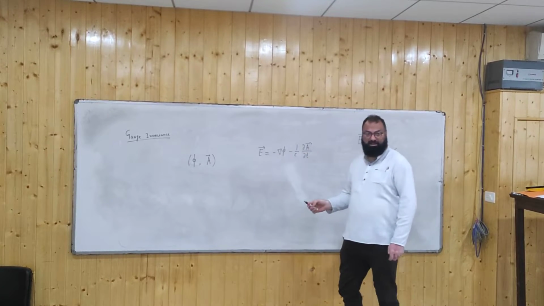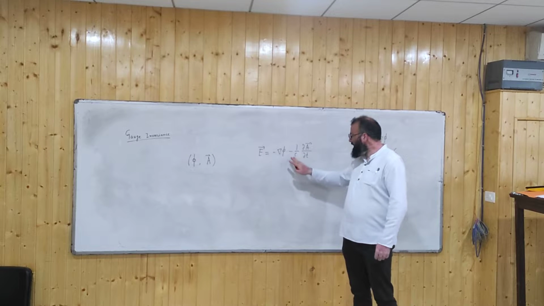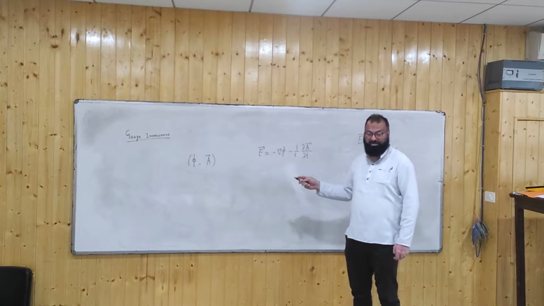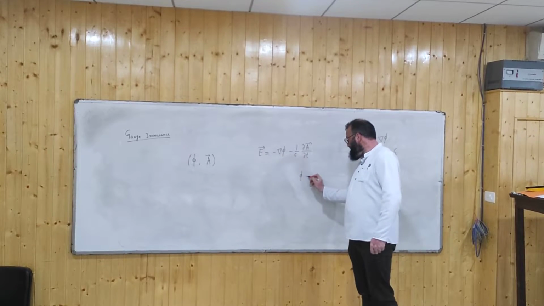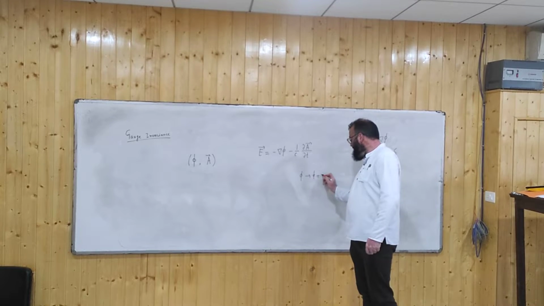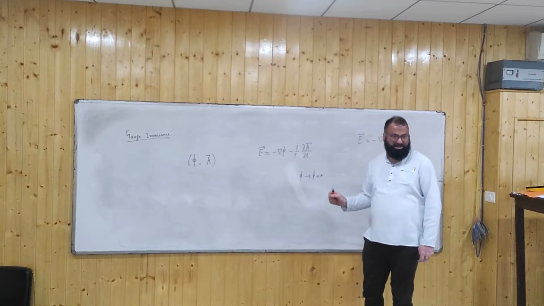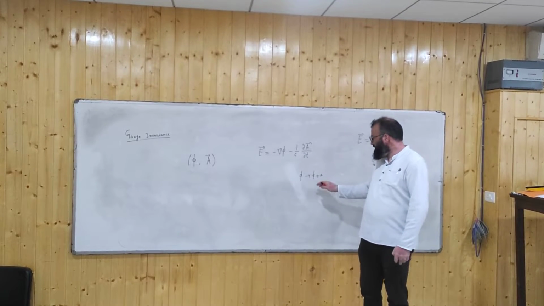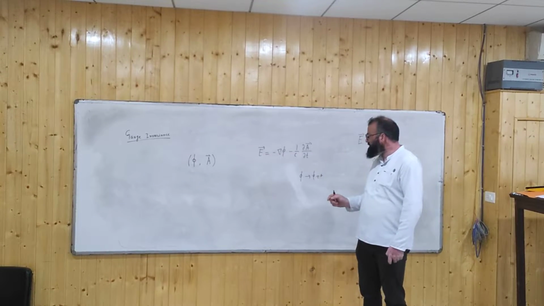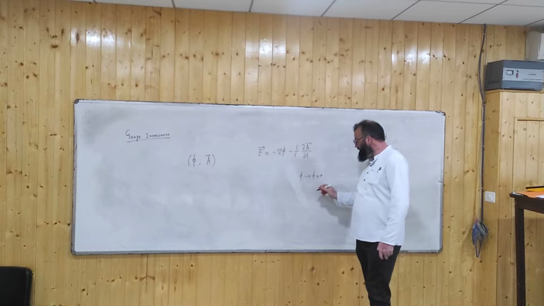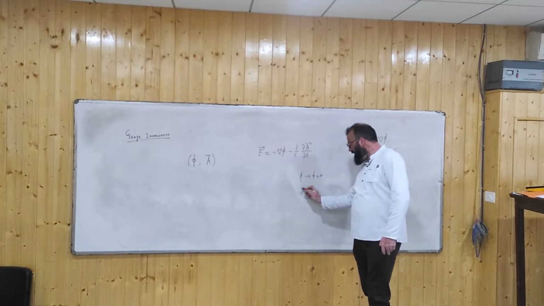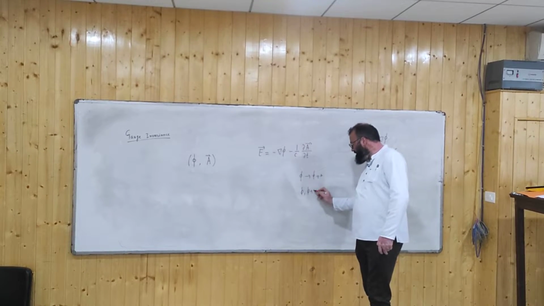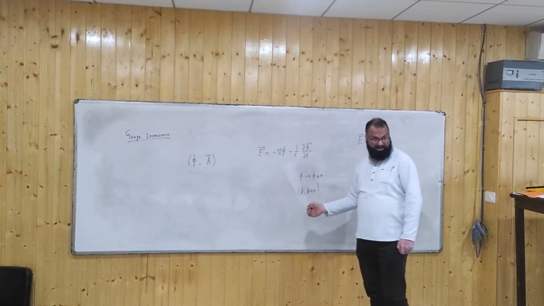Clear? Now forget about A for a moment. If I change phi by a constant amount, let's say phi to phi plus a, where a is just a constant number, then the gradient of this a is 0. So phi and phi plus a will give you the same field.